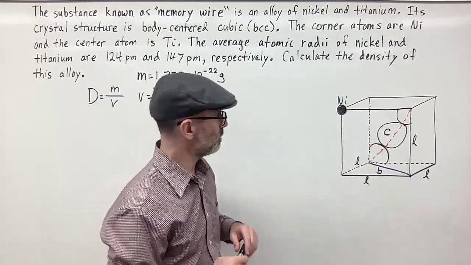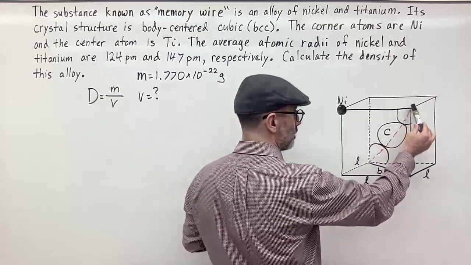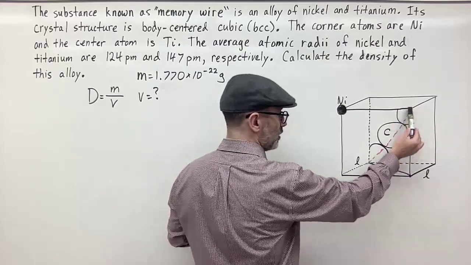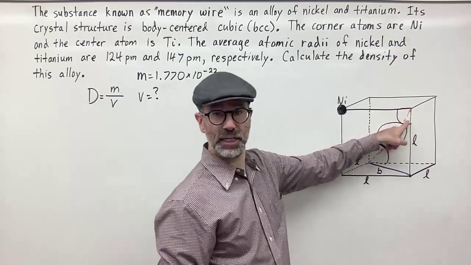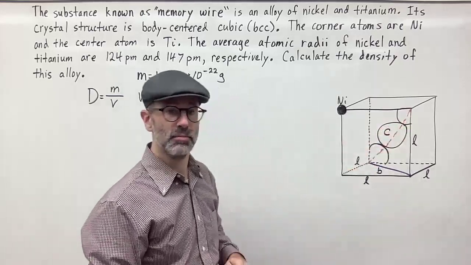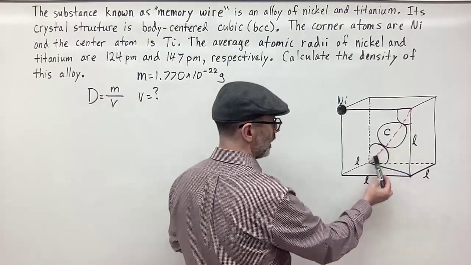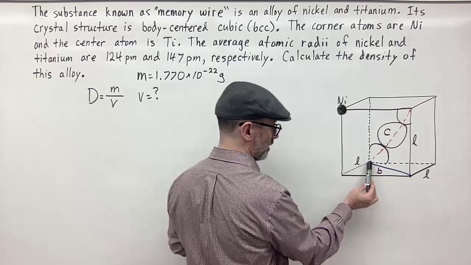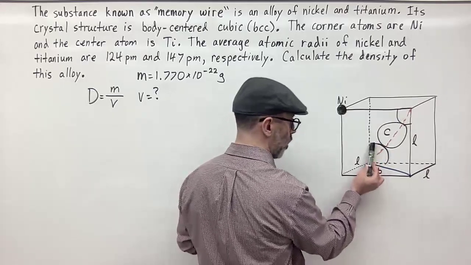So what this means is that the center of your nickel atom is here, and then the end here. So that's the radius. So this is going to be the radius of nickel here. And it's the same thing with this one: the center of the nickel atom is at this corner, and it's going to go out to the edge here. That's one radius.